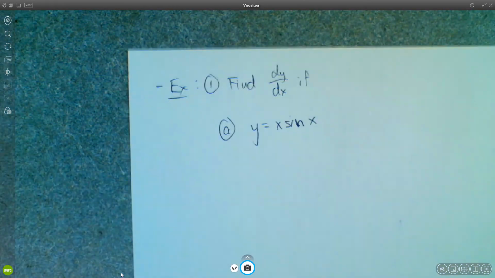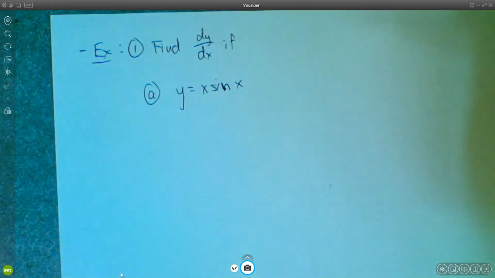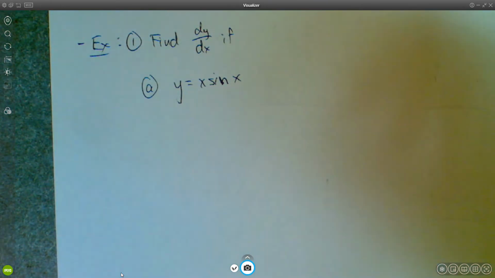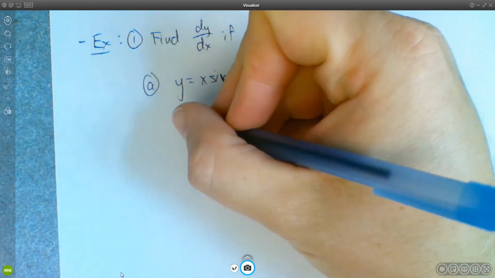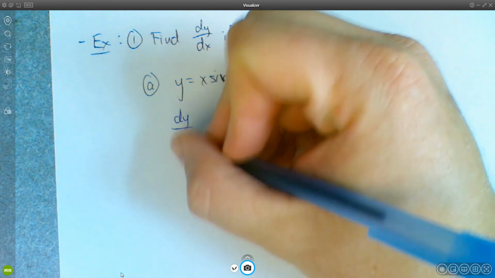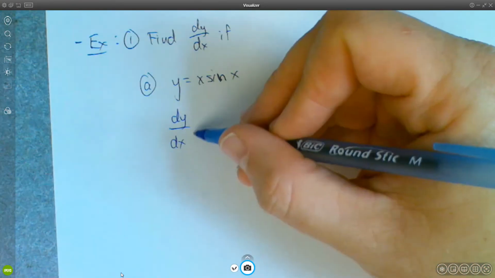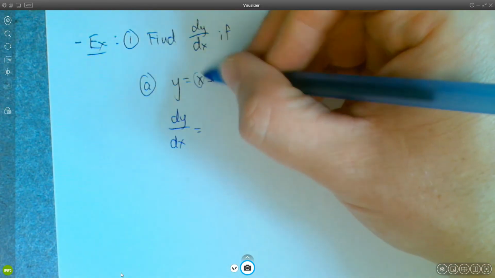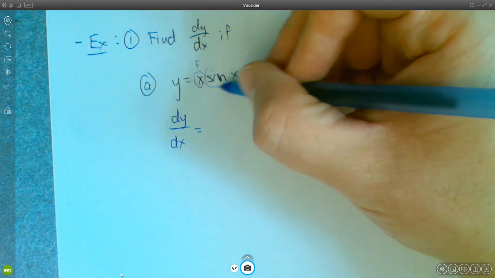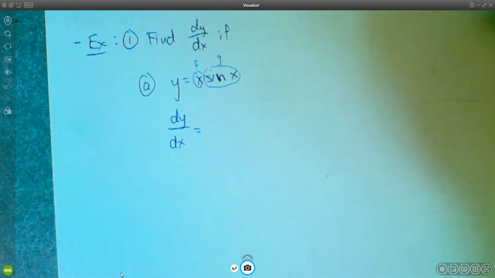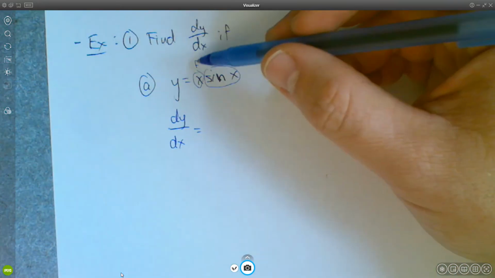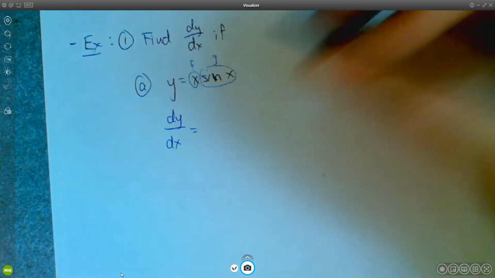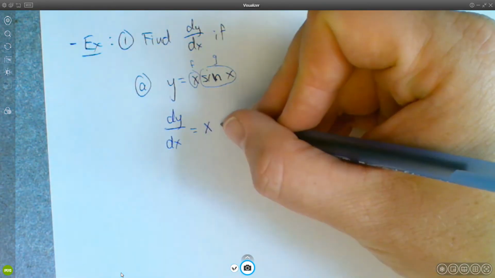Okay, so let's find dy/dx if y is x sine x. We're going to use the product rule from the previous section to do this, right? So if I think of x as f, and if I think of sine x as g, the derivative is going to be f times g prime plus g times f prime. So it's f times g prime.